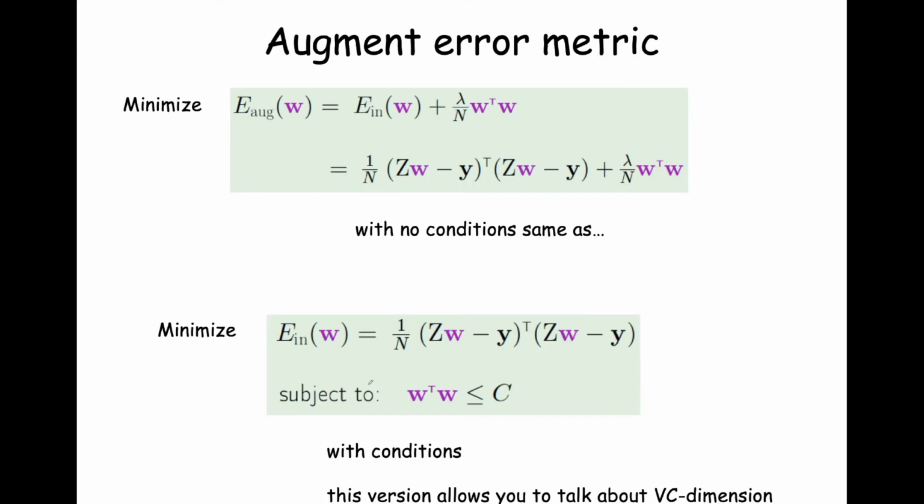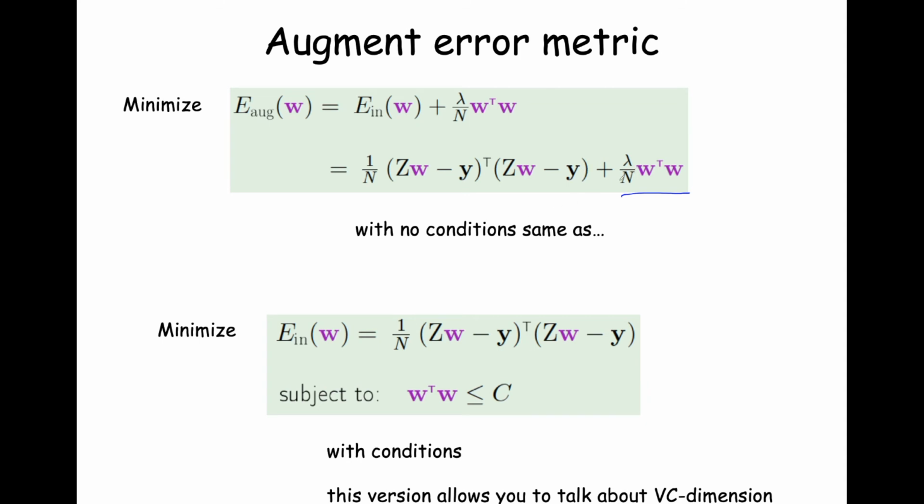We call this an augmented error metric, E augmented, and it's nothing more than our expression for in-sample error plus this penalty term. If we were to expand this in vector matrix form across your entire data set, using a design matrix with all of your in-sample points mapped to Z-space, feature space, that would be 1 upon n (ZW minus Y) transpose (ZW minus Y), and then we add this penalty term, this regularization, lambda upon n W transpose W, where lambda is the regularization parameter.